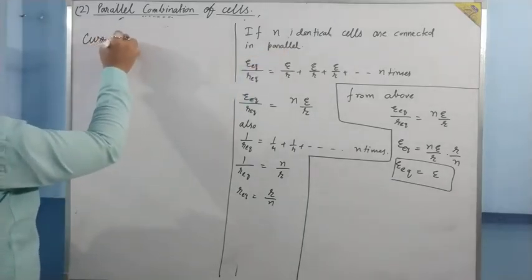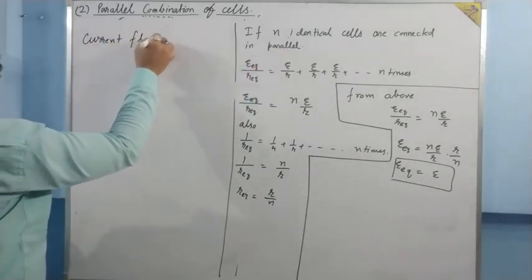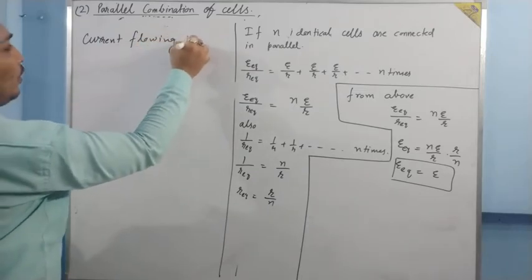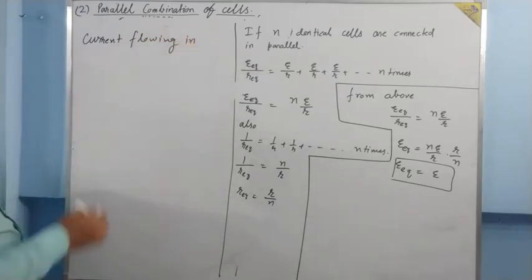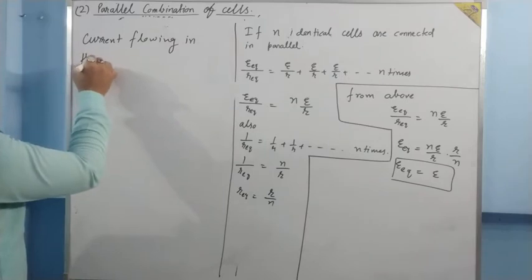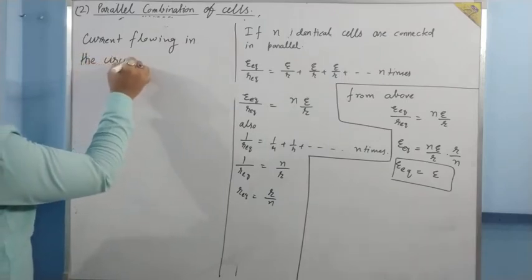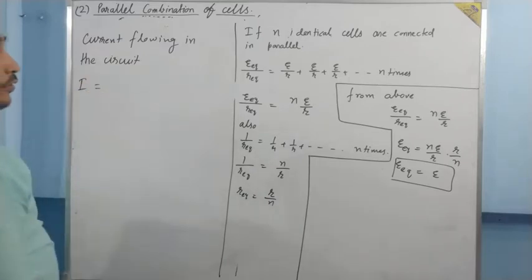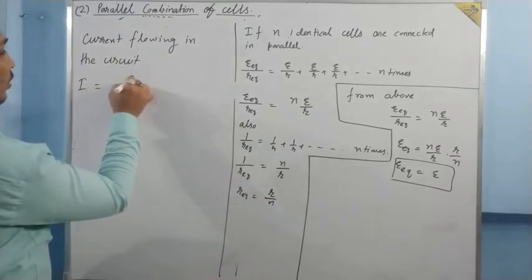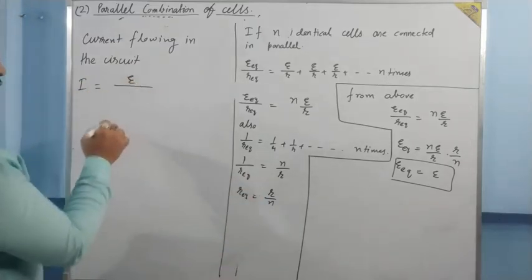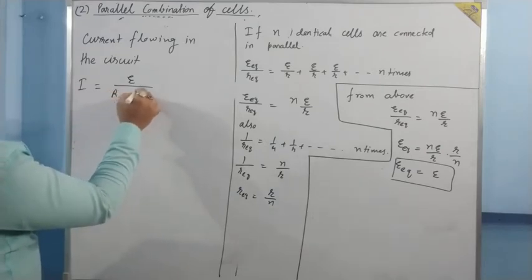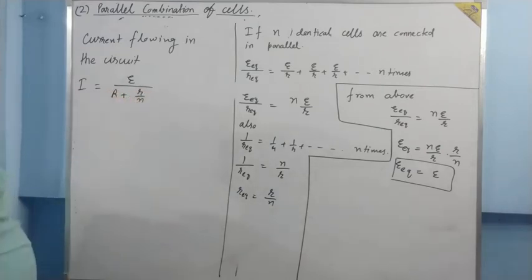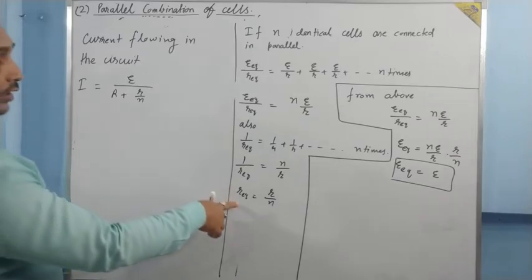So current flowing in the circuit will be I is equal to total EMF, which is E only, and total resistance, which is capital R external plus R upon N internal, small r equivalent.